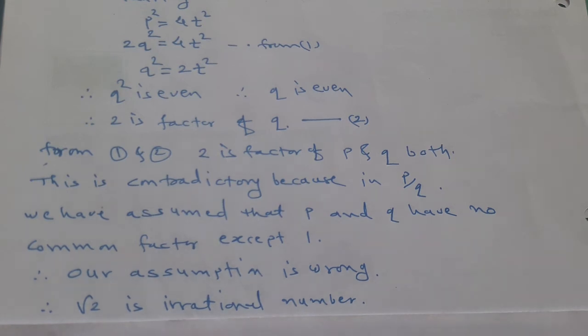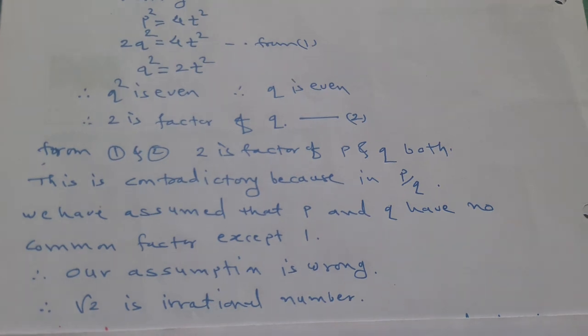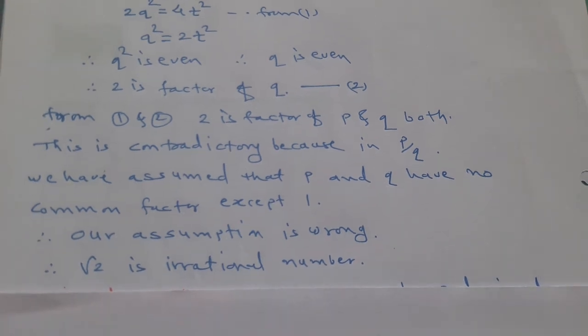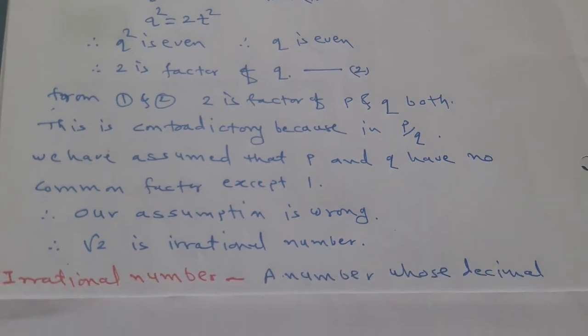Hence, root 2 is an irrational number. This is the proof that root 2 is an irrational number.